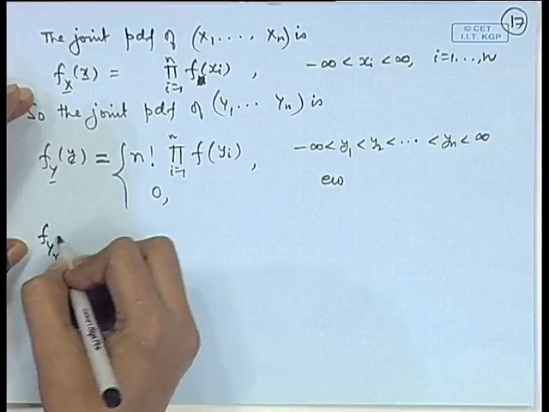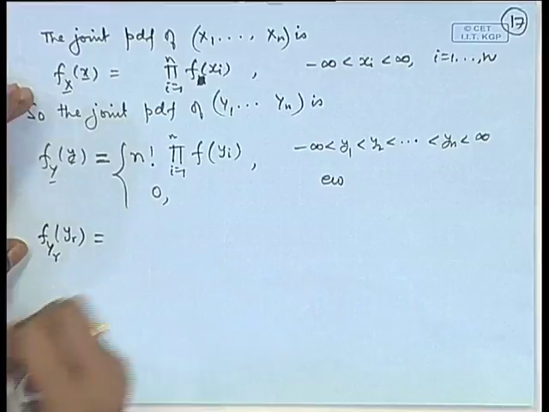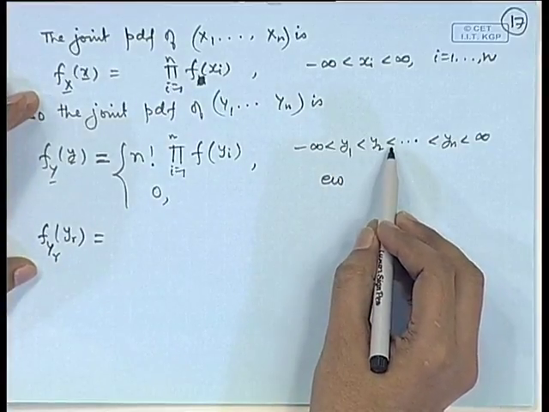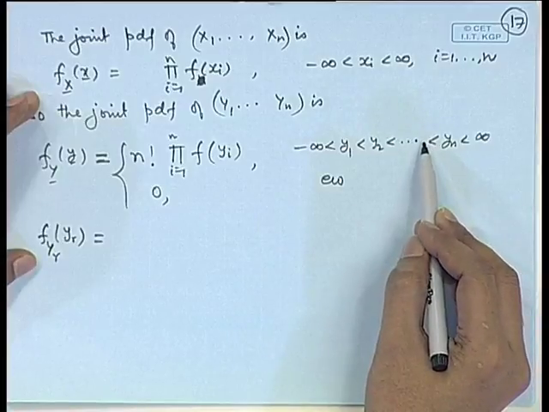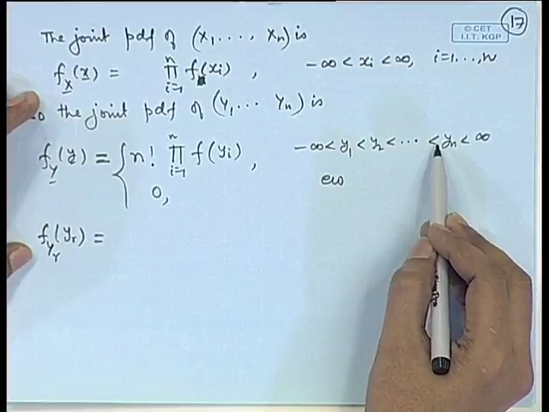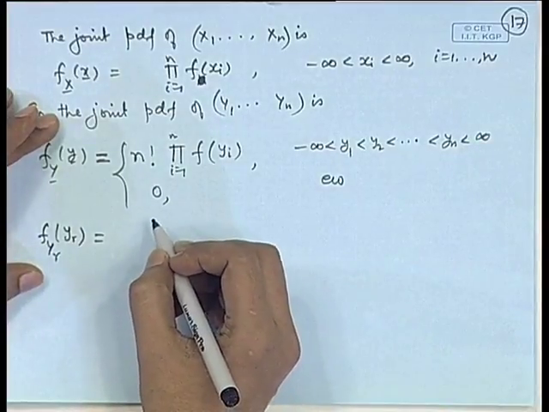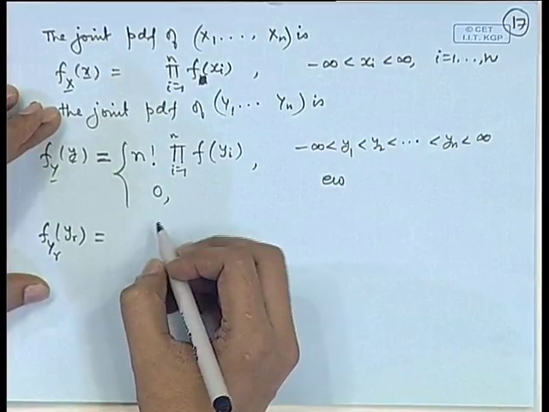Now, suppose we are interested in the distribution of say the rth order statistic, say what is f y r, then we need to integrate out y 1, y 2, y r minus 1 and y r plus 1, y r plus 2 up to y n. So, we can devise a scheme for integration.